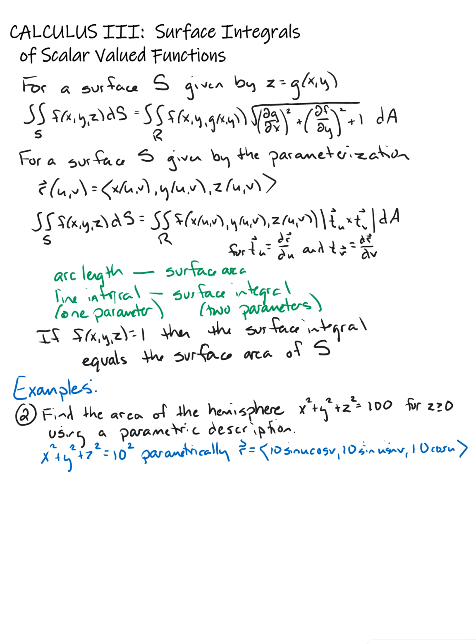And some things to make note of with this, that u, if you recall, goes from 0 to 2 pi. Oh, wait. Hold on, we're looking at a hemisphere here.